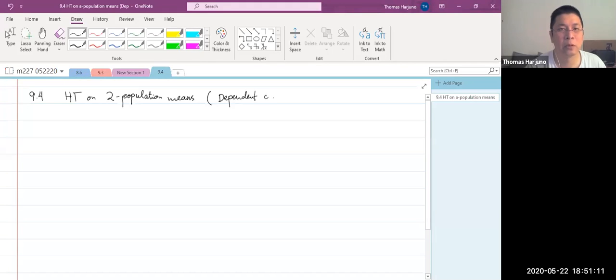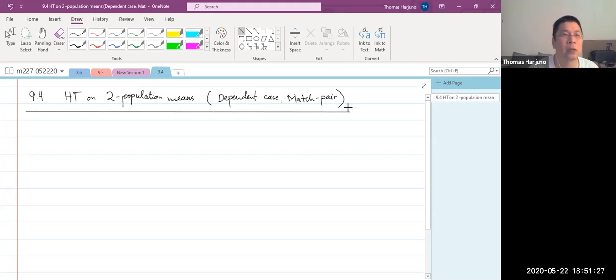We usually call that matched pairs. What is that, Thomas? We usually use this to see the effect of a treatment, such that on the same person or the same object, we get the result before and after treatment.